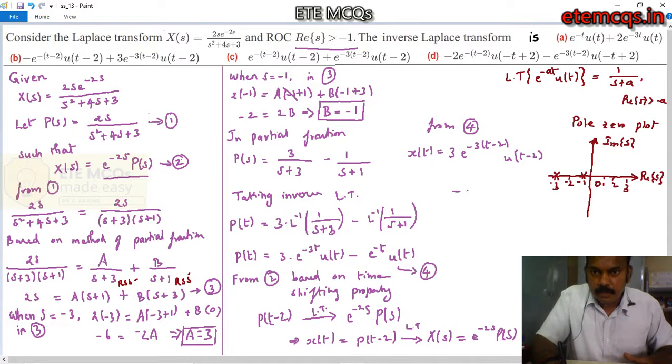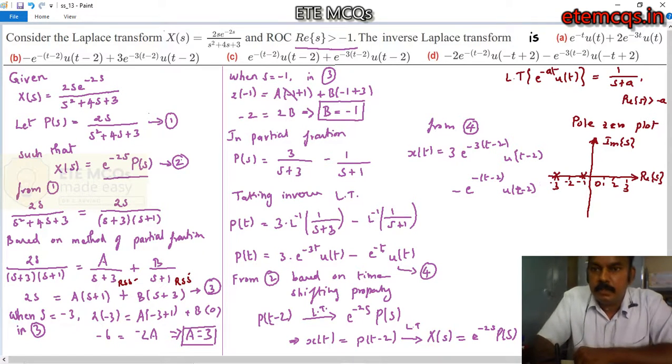The second term is minus e power minus t, where again I am replacing t by t minus 2, and then you have u of t minus 2. So instead of t, you are just replacing t minus 2. X of t, that is the inverse Laplace transform of x of s, is nothing but this particular expression.